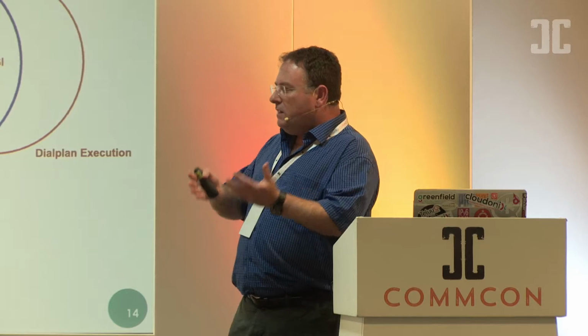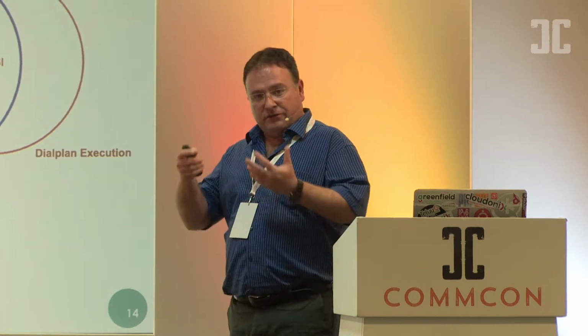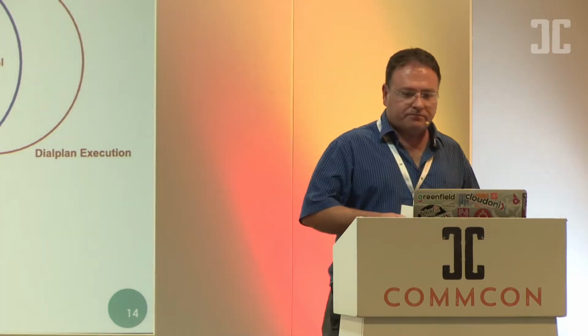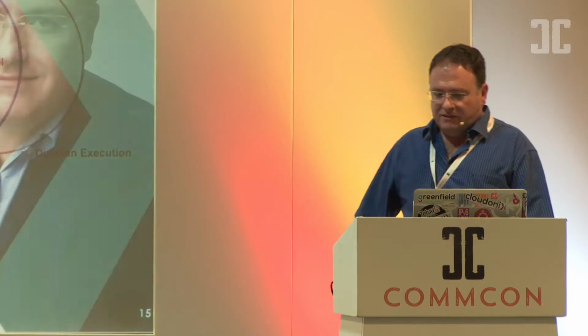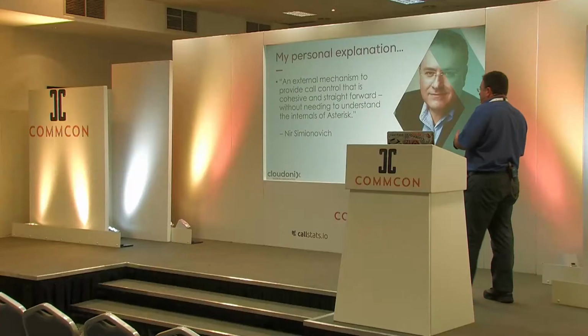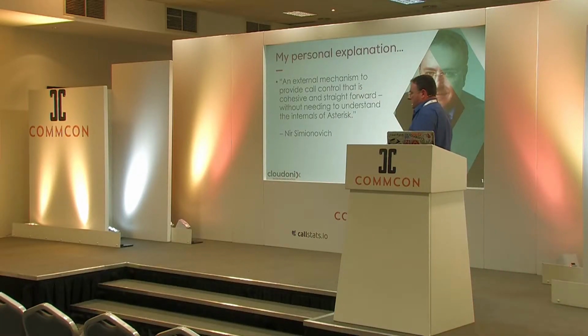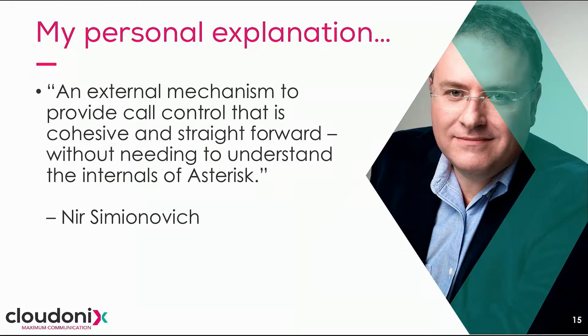So it is kind of in the middle of things when you look at it. This is my own personal take on how I see ARI. It is an external mechanism to provide call control that is cohesive and straightforward. Now, straightforward is a very big term here, because some things inside ARI really don't make sense when you see them for the first time.